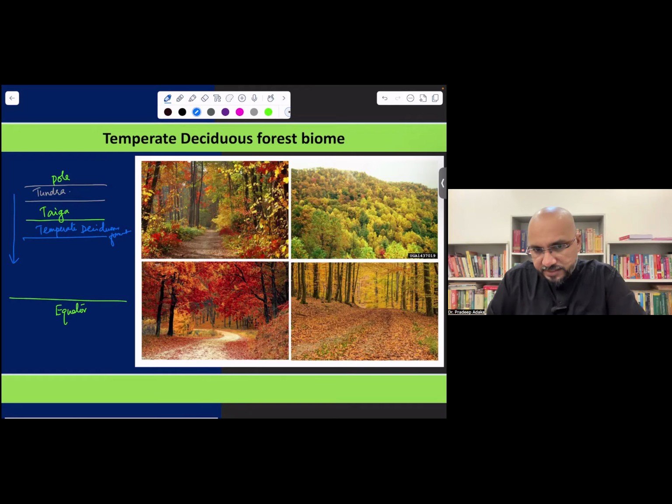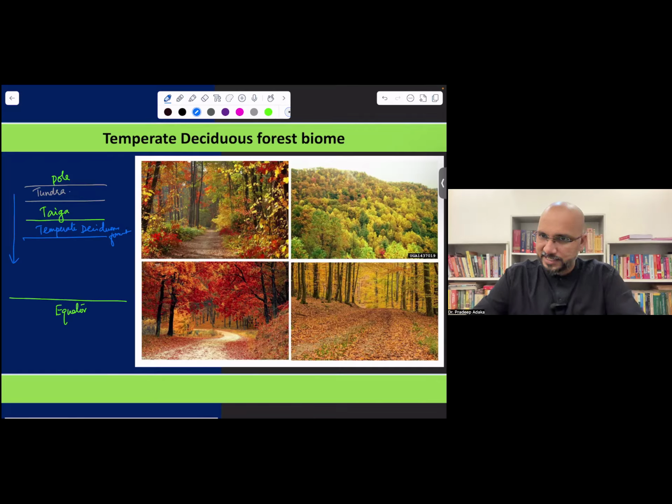Our forests are tropical deciduous forest, not temperate deciduous forest. Maharashtra, Karnataka fall under tropical deciduous forest, not temperate. Here the leaf shedding happens because of extreme cold during the winter. Water availability is not there.